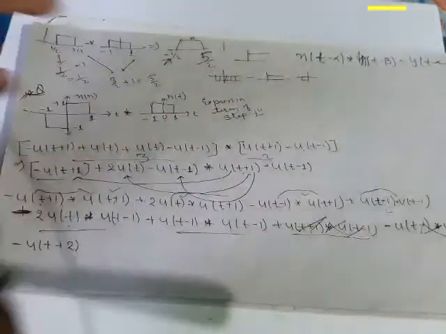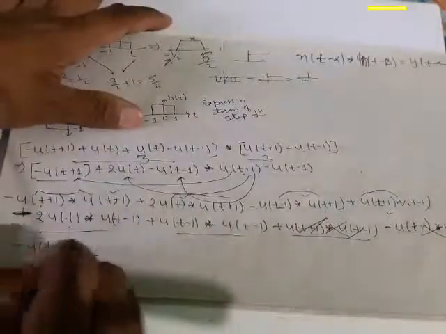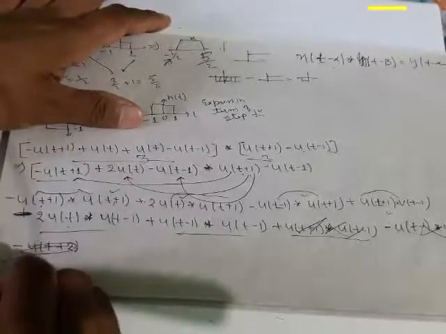Now y of t is what? y of t is nothing but x of t convolution with h of t. Okay, what is x of t?